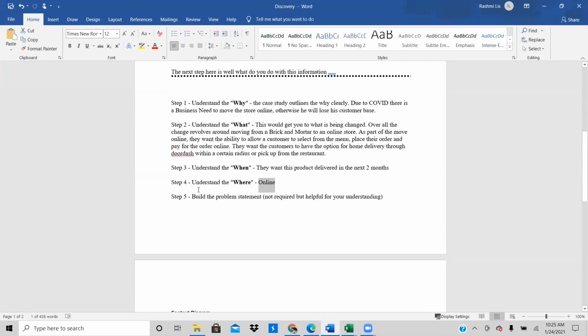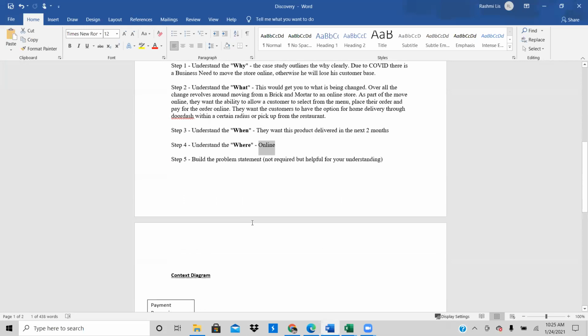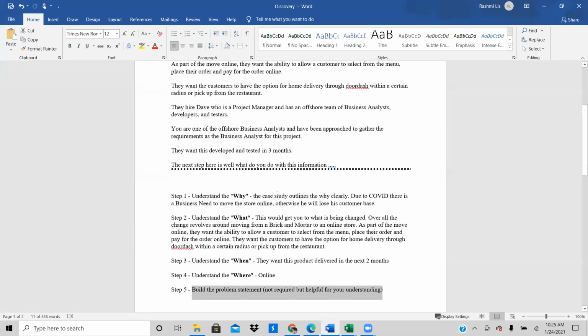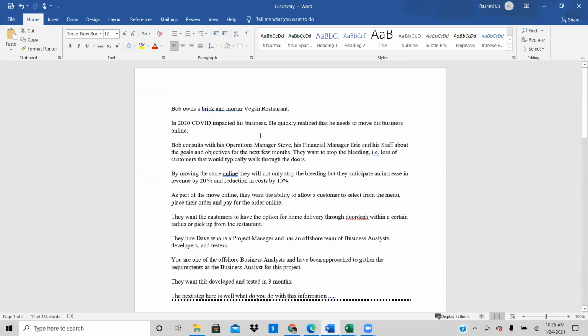Now, step 5 I have here is build the problem statement. It's in the template. I don't want to spend too much time on this, but there's a sequence of a sentence you can use to break down a problem statement. I think it's clearly identified that they're losing customers. That's a problem, and that's basically the problem statement.